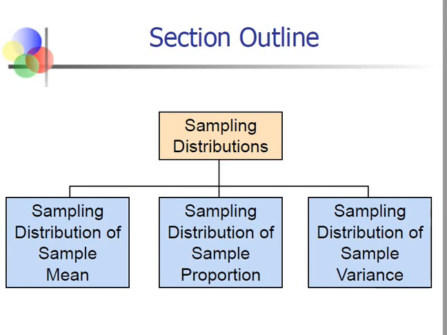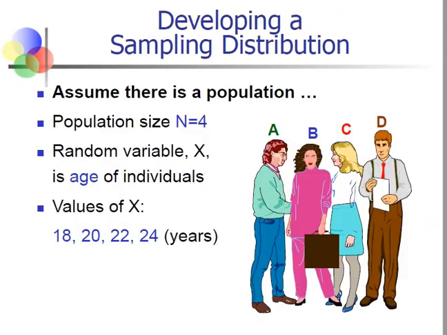We can develop a sampling distribution. Now, we know that when you have an entire population, you can take a sample. Suppose that our population had a size of 4, and we want to investigate a random variable x, defined as the age of the individuals.